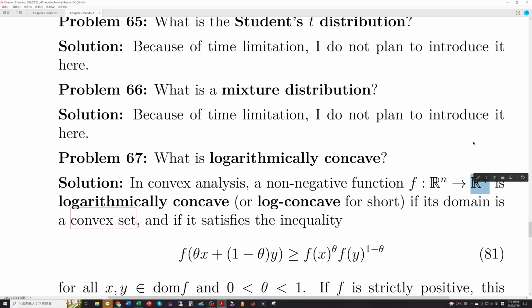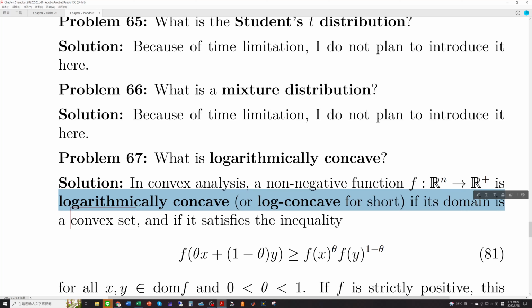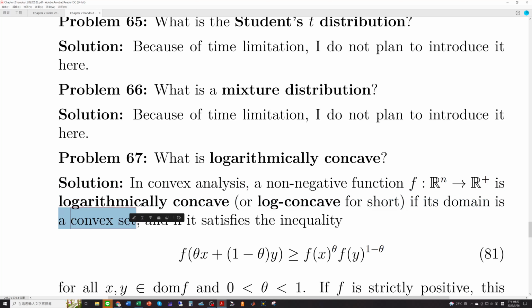And R plus is the set which contains all positive real numbers. So a non-negative function f from Rn to R plus is logarithmically concave, or log concave for short, if its domain is a convex set.